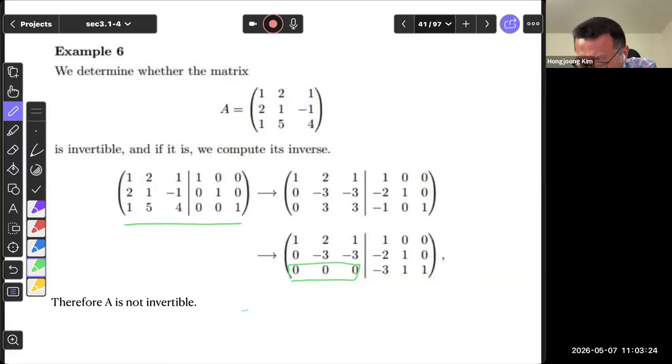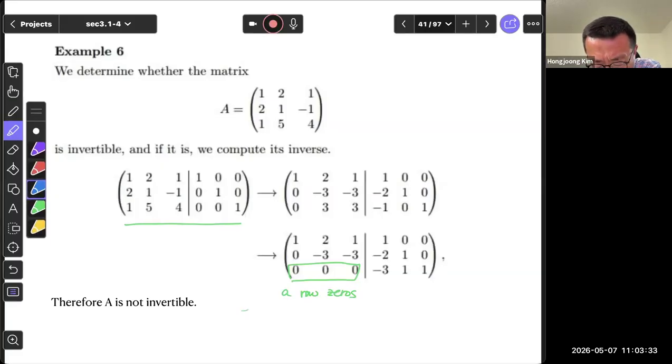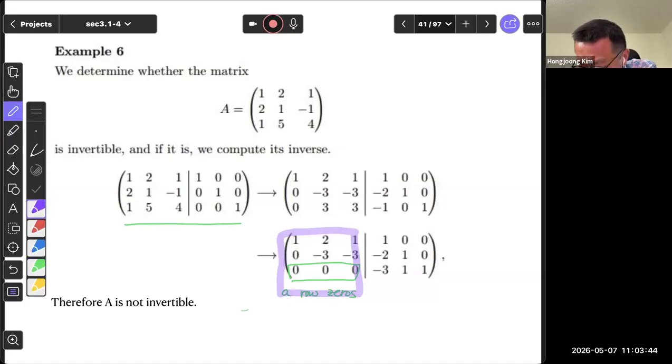So that means the matrix on the left, the rank will be less than 3. So that means the rank is less than 3.